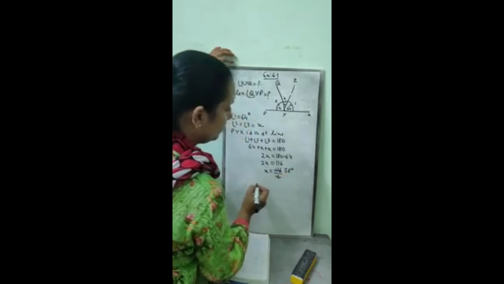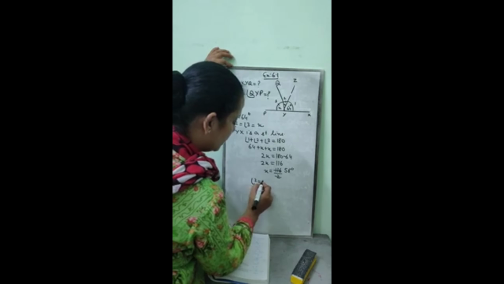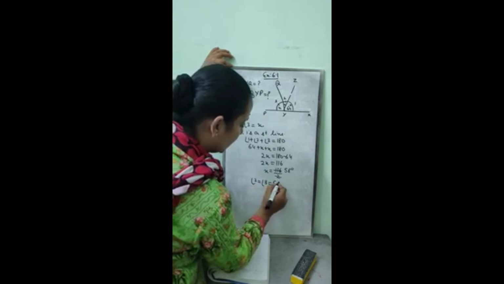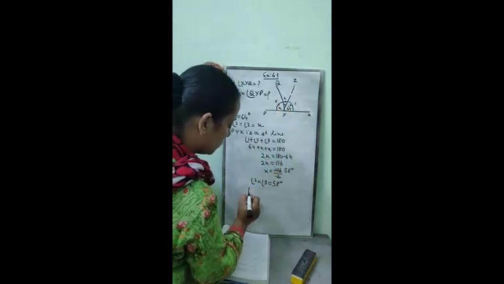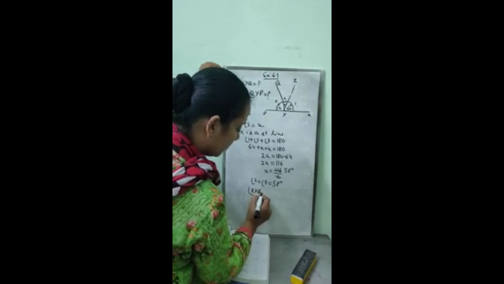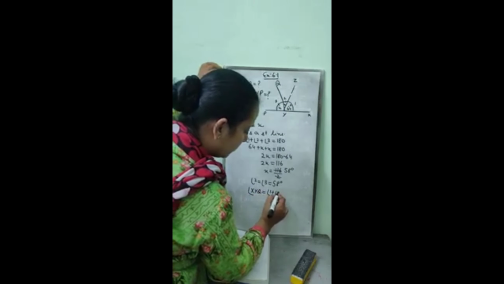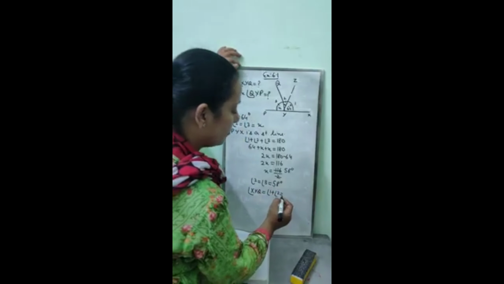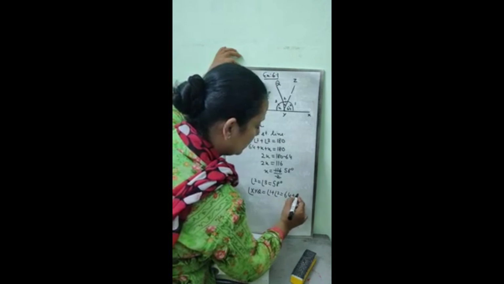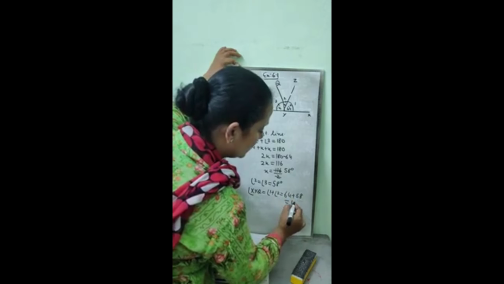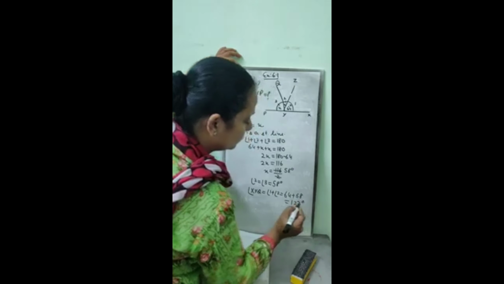x is 58. Angle 2 and angle 3 both are equal to 58. Now his question is XYQ. XYQ is 1 plus 2. Angle 1 is 64, 2 is 58. You will get 122.